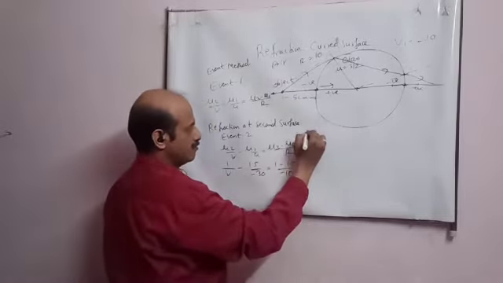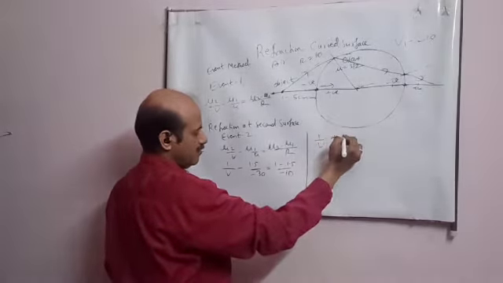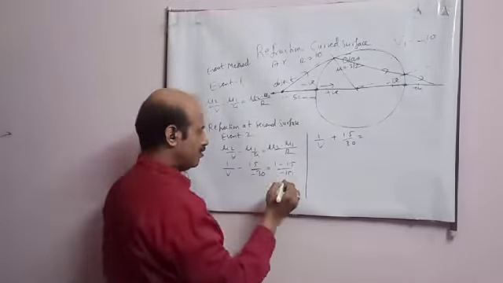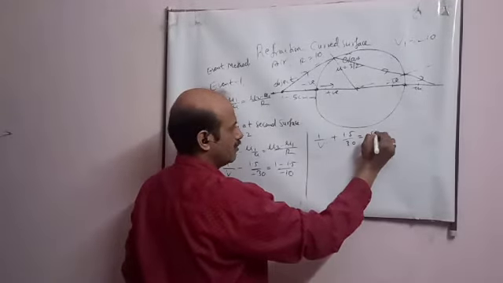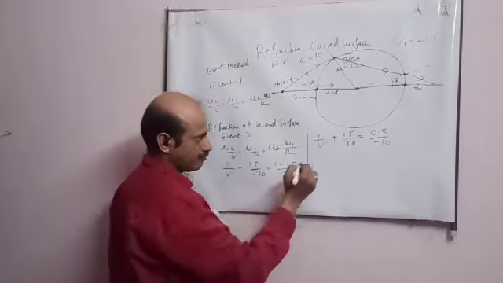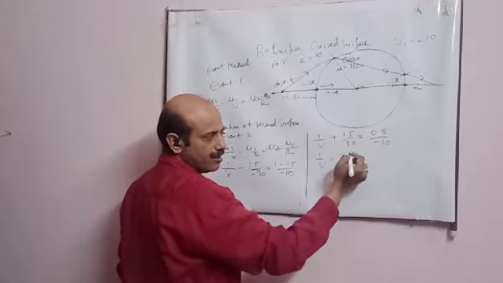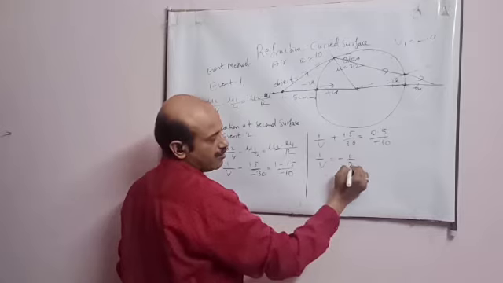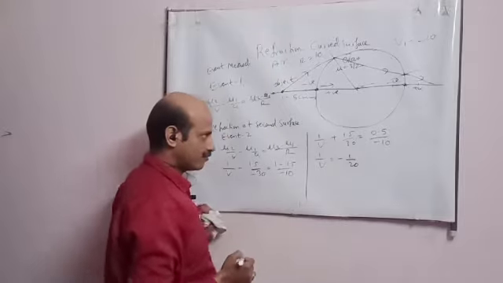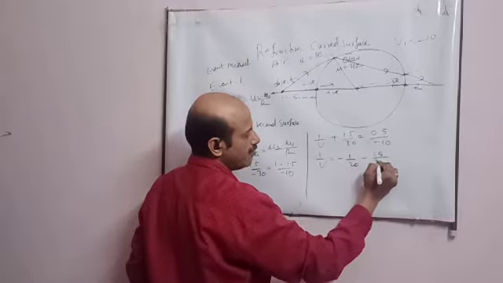Now student, I will solve this. 1 upon V plus 1 upon 1.5 upon 30 is equal to 0.5 upon minus 10. If I solve it, it is minus 1 by 20, and this will go to this side, minus, I can write 15 by 300.